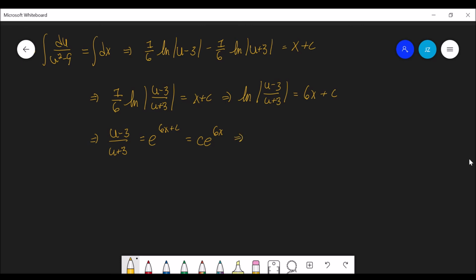Multiplying both sides by u plus 3 gives u minus 3 equals c e to the 6x times u plus 3 c e to the 6x. Putting all of the terms that have a u on the left-hand side and every other term on the right-hand side, we'll get u minus c u e to the 6x is equal to 3c e to the 6x plus 3.